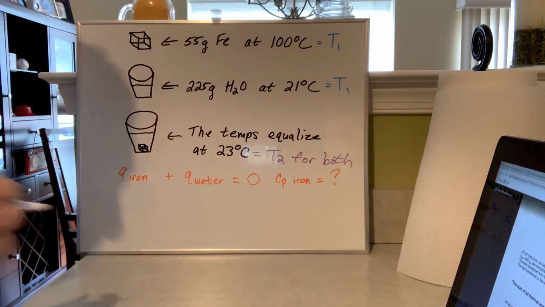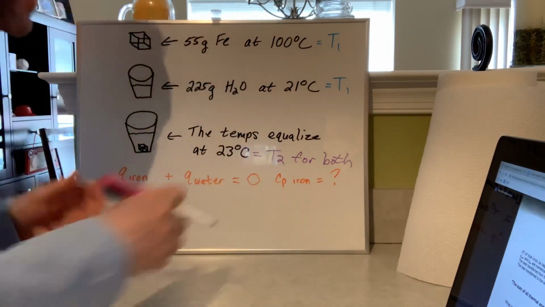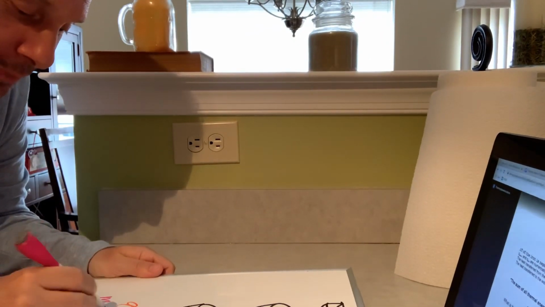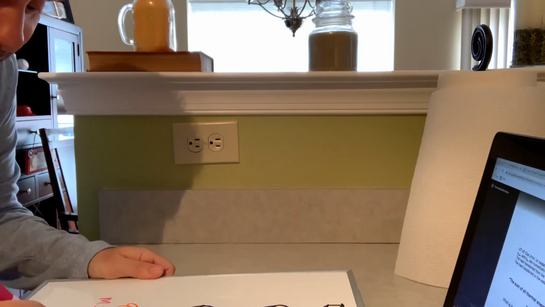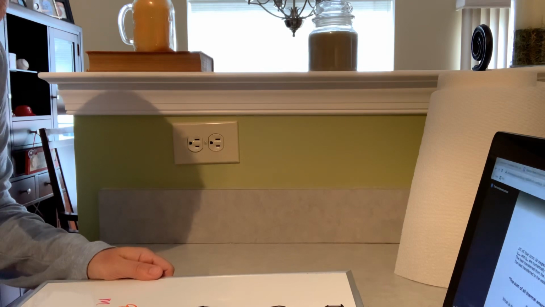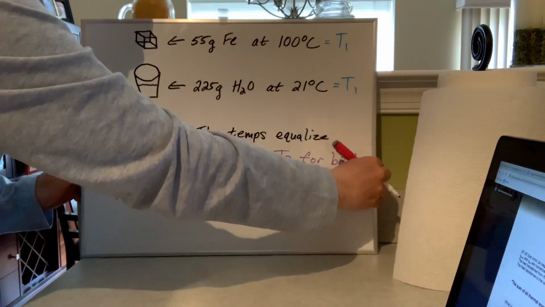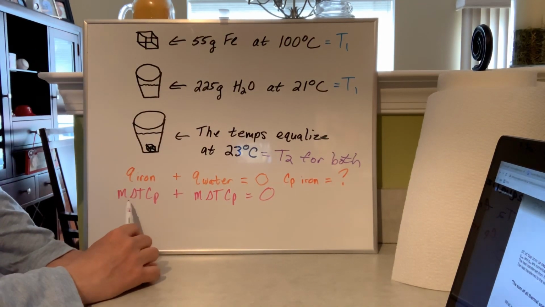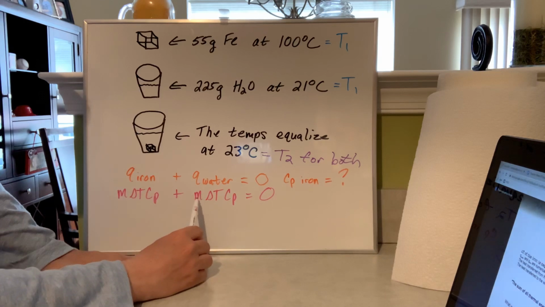The answer is yes. Q iron is M times delta T times CP, and Q water is M times delta T times CP. So I could set it up kind of like this. The Q for the iron is going to be the mass times the delta T times CP. The Q for the water, same thing.